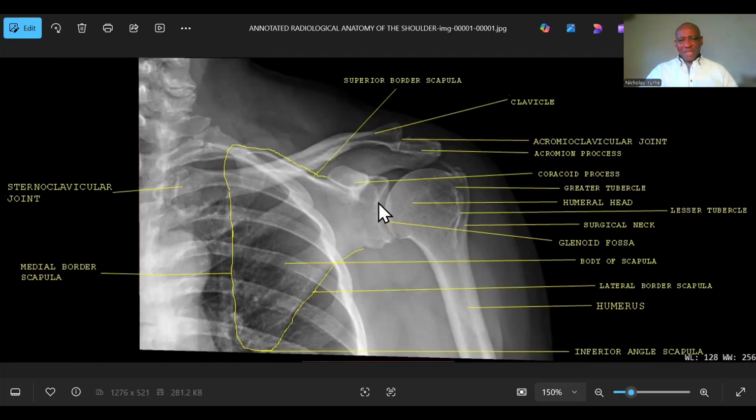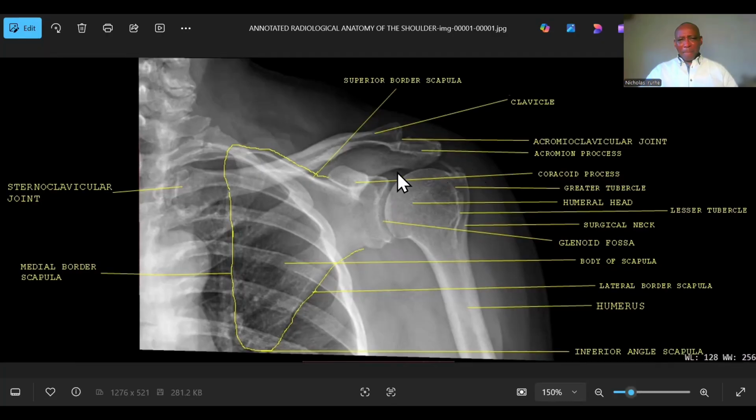Then you have the glenoid cavity or glenoid fossa, which together with the head of the humerus forms the ball and socket joint. This is the ball and socket joint. The space you are seeing here is the ball and socket joint.